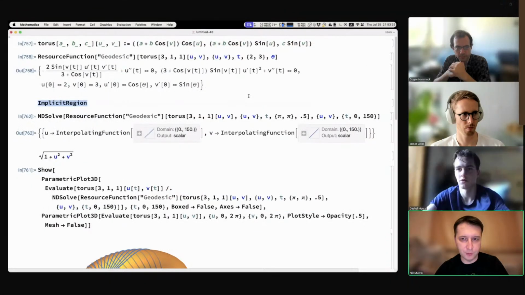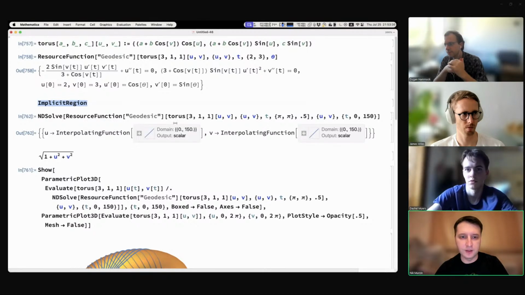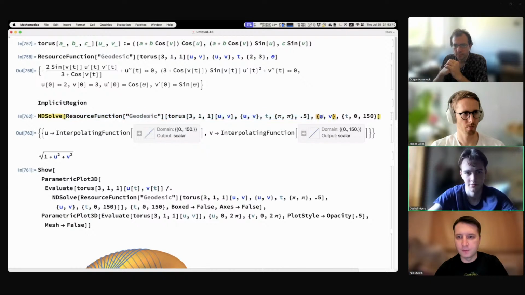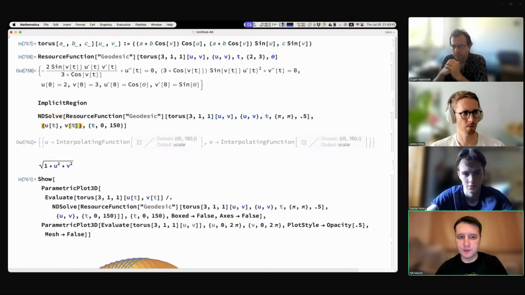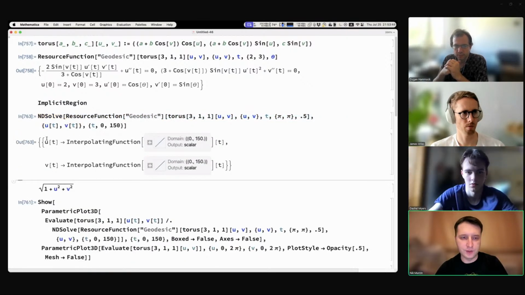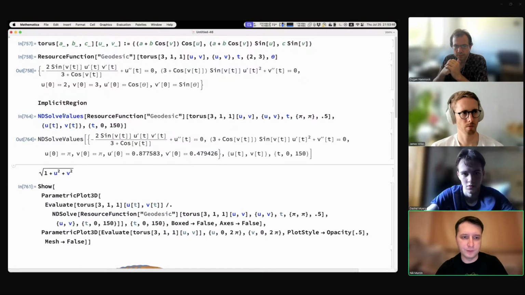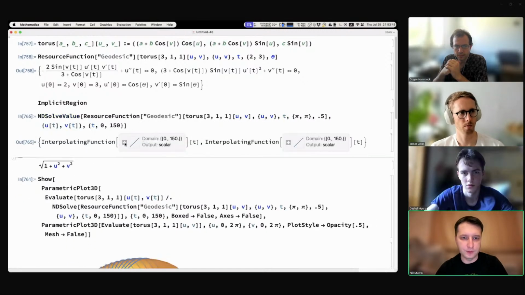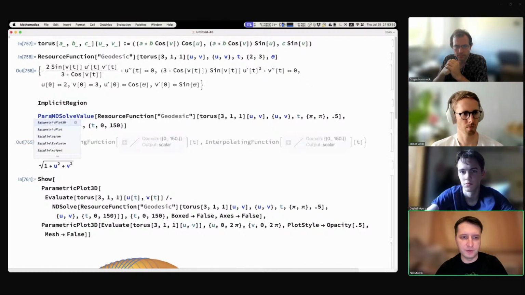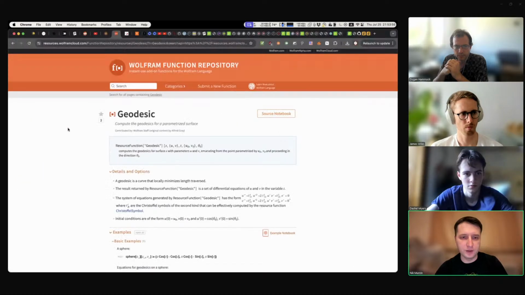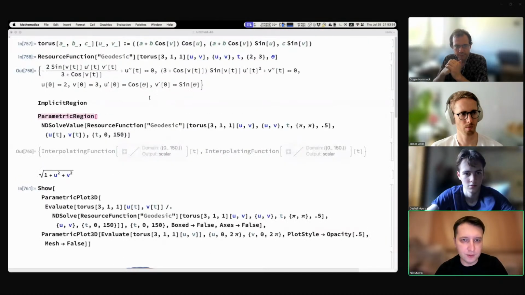So as soon as we solve it, right? We essentially solved for u(t) and v(t), two functions depending on t. This is our parametric region. Right, I think that's how you can encode it.